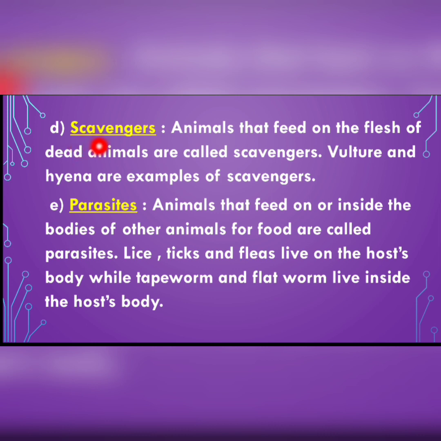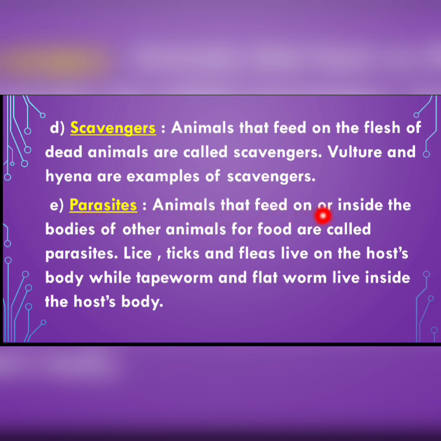The fourth one is scavengers. Animals that feed on the flesh of dead animals are called scavengers. Vulture and hyena are examples of scavengers. Next, the fifth one, parasites.